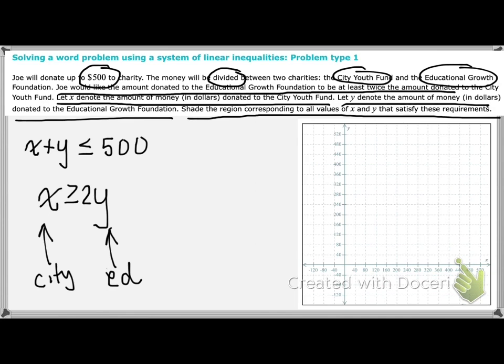If x is 0, that means that y is 500. So that'll be up here. And if y is 0, x is 500. And that'll be down here. And then we need to connect those to get the edge of that inequality.